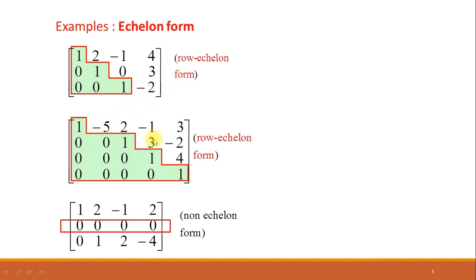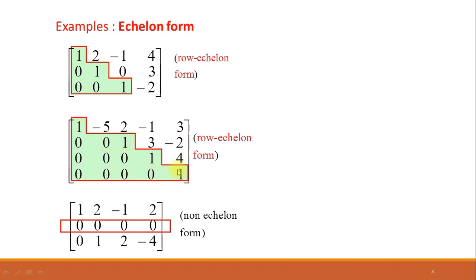Similarly, this matrix is also in row echelon form because the number of zeros in each row increases row by row before the first non-zero entry. In this second row, this is the non-zero entry, and before it there are 2 zeros. Similarly, in this row, this is the first non-zero entry, and before it there are 3 zeros.